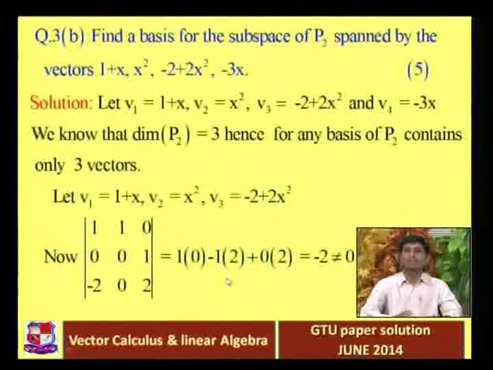If the determinant is non-zero, then the given set of polynomials is linearly independent, right? And because we have exactly 3 polynomials and the dimension of P2 is also 3, we can directly say that these 3 polynomials are a basis for P2, right? So let's check whether the given 3 polynomials are linearly independent or not.